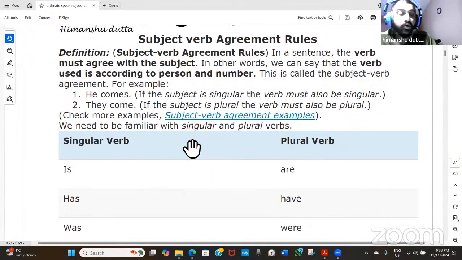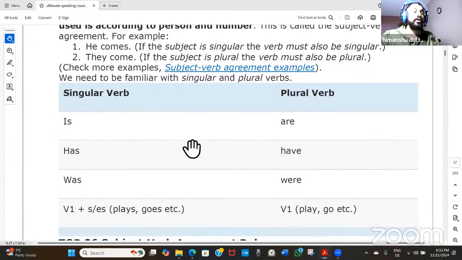The same way it goes on and on. I'm not going to repeat the same, but if I do, I'm sorry, I'll keep on reminding you that that's how you need to say singular and plural.